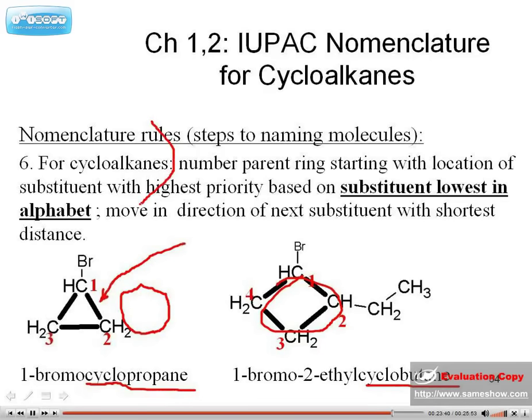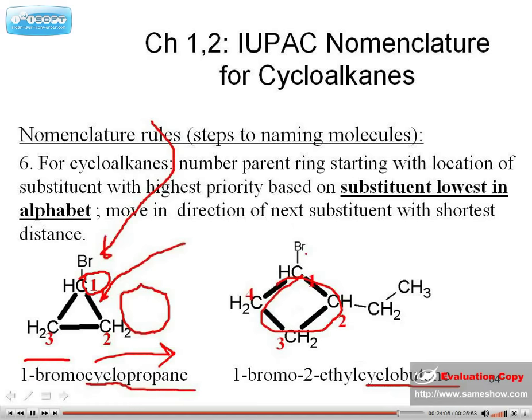Adding in substituents is fairly easy, at least for this class. If there's only 1, then the starting location is going to be automatically carbon 1. So if it's a halogen, for example, 1-bromocyclopropane.